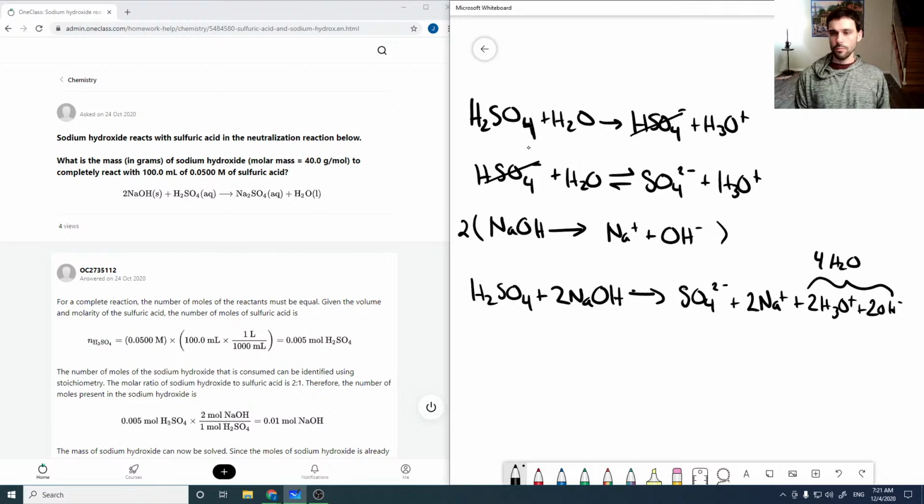But there were also 2 waters on this side, so net 2 water. So I should add those in just to keep that.